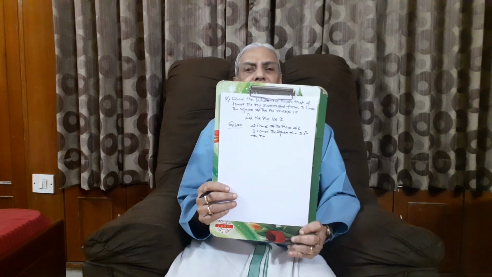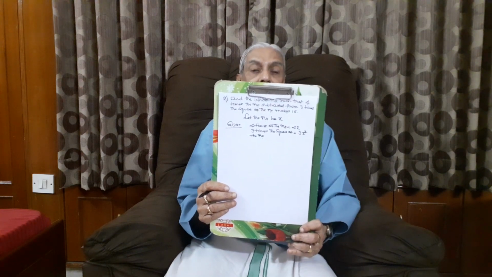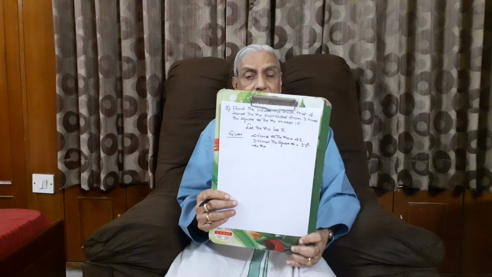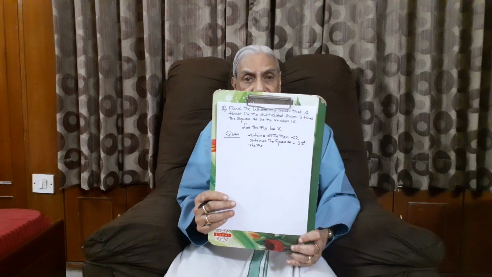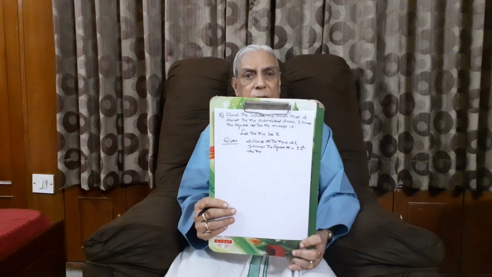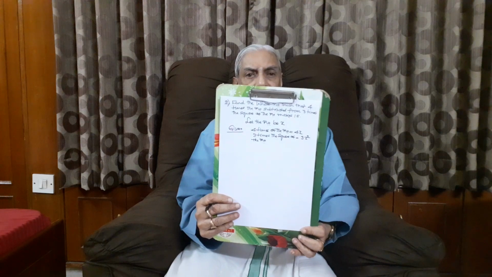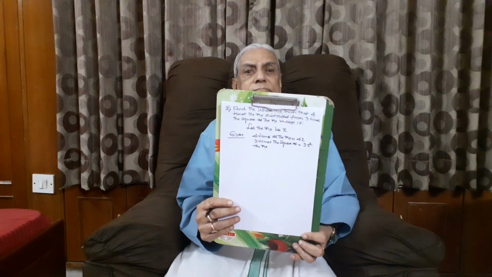From what must we subtract? From 3 times the square of the number, subtract 4 times the number, and the answer must be 15. That's the thing there. They have just given it, so first write: given 3x squared minus 4x is equal to how much? 15.